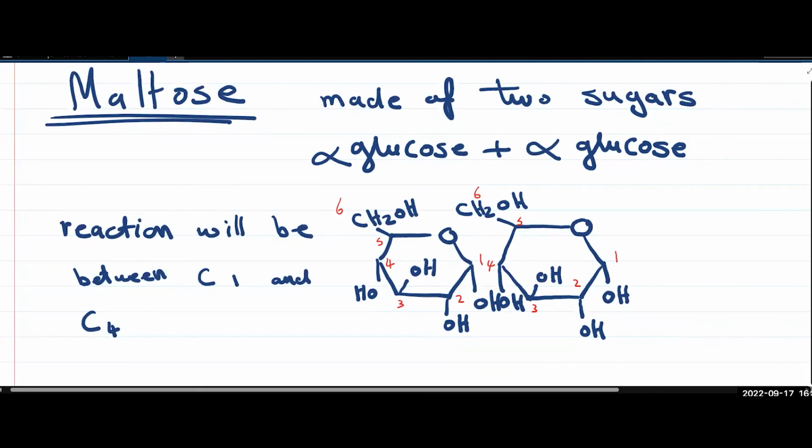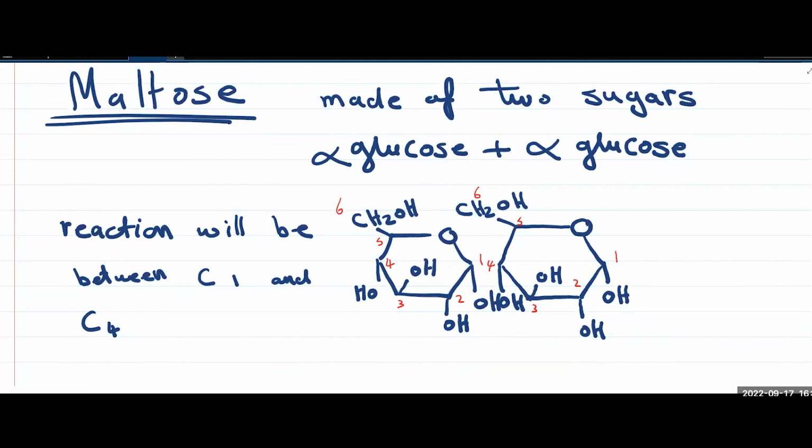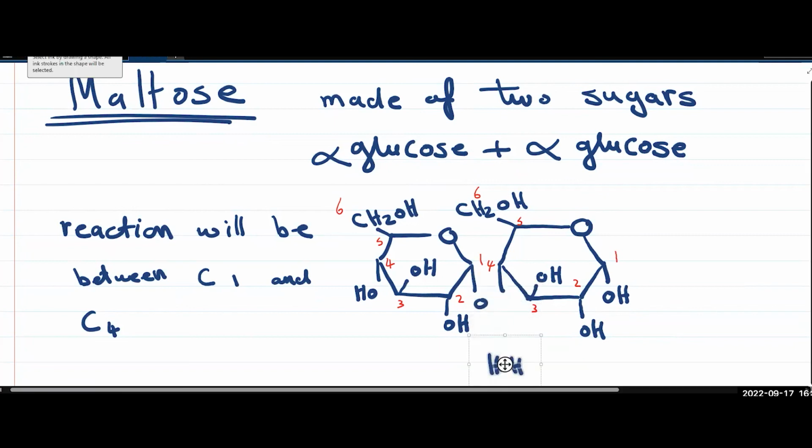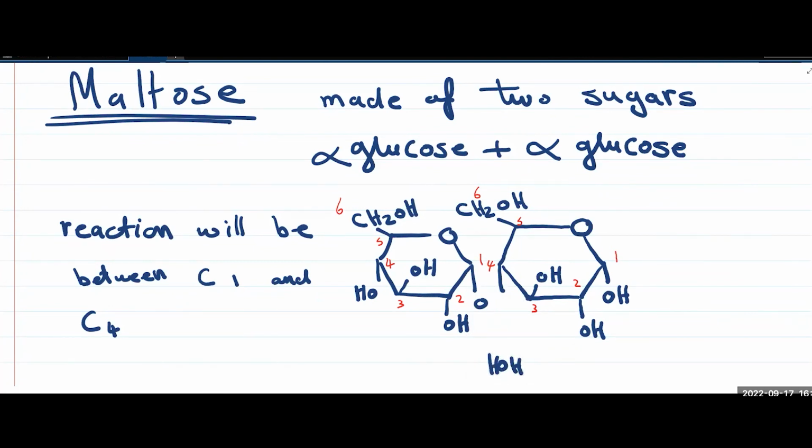The reaction which will happen here is a condensation reaction. What does the word condensation mean? Simply, we will remove a water molecule between the two sugars and take the water out, right? HOH, this is water. So what is the leftover? Oxygen, which will link the two sugars together.